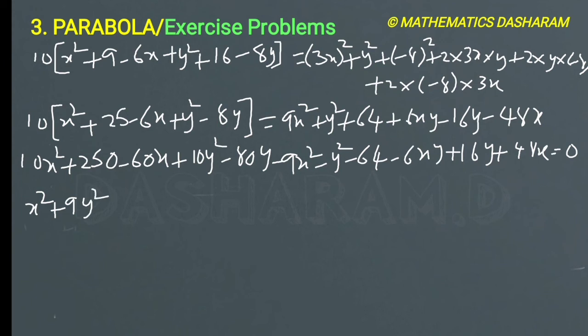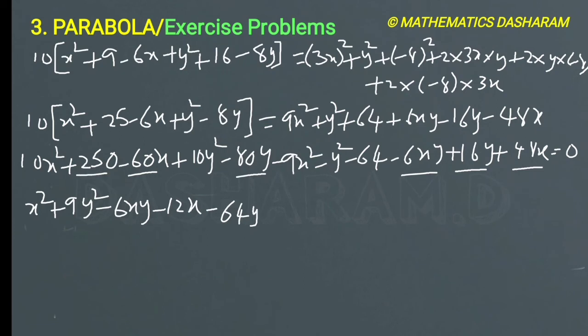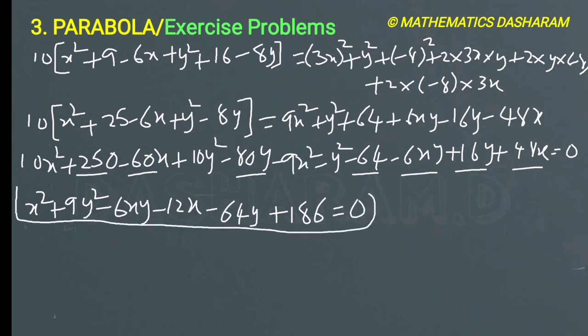Next here minus 6xy, next minus 60x plus 48x is minus 12x, minus 80y plus 16y minus 64y. Next 250 minus 64 is plus 186 equals to 0. So this is our required equation of a parabola.